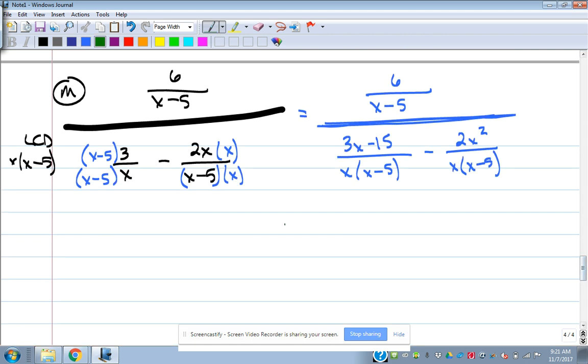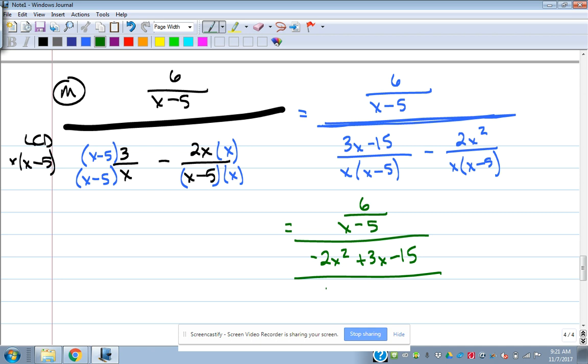Simplify the denominator. 6 over x minus 5 is the same on the top. Negative 2x squared plus 3x minus 15 over x minus 5. I'll darken in that middle fraction bar.